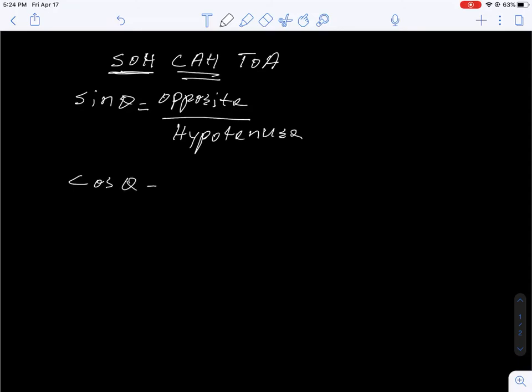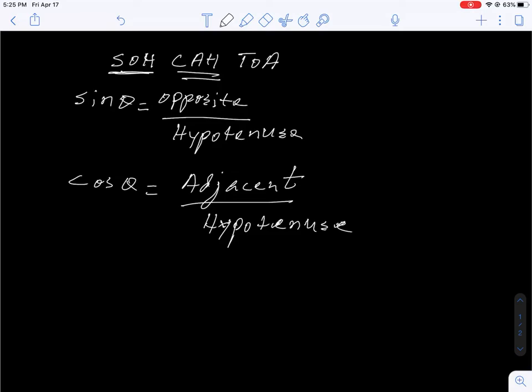This is cosine theta equals A for adjacent, adjacent over hypotenuse, the side length hypotenuse.